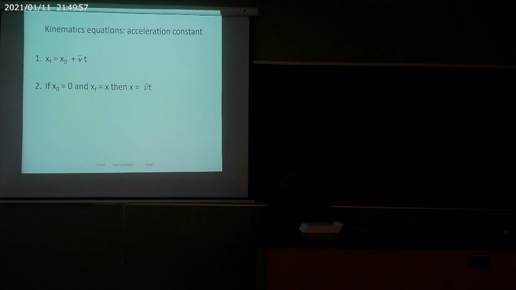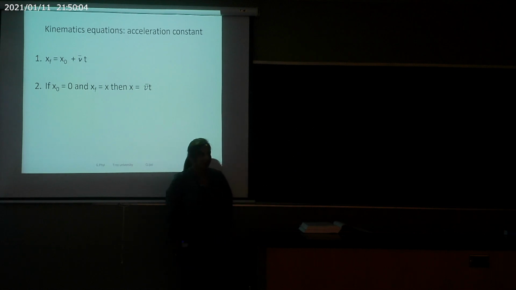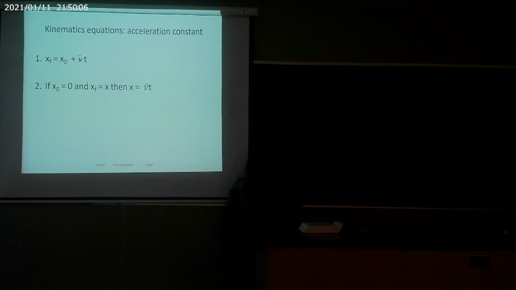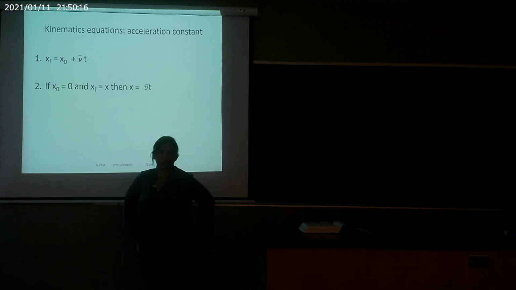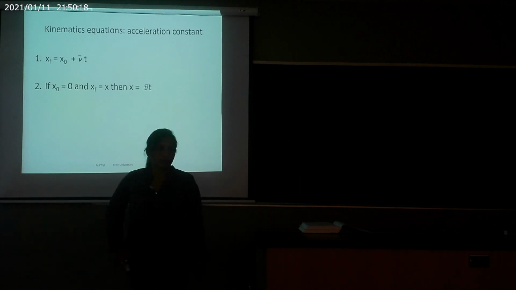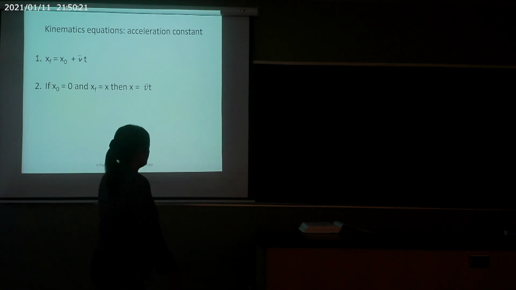If I put 0 here, x is equal to x naught. It's not 0, right? So this equation does not apply to this. It starts somewhere here at a distance x naught, the initial position. If there is no initial position, if it is 0, then you can start from origin.